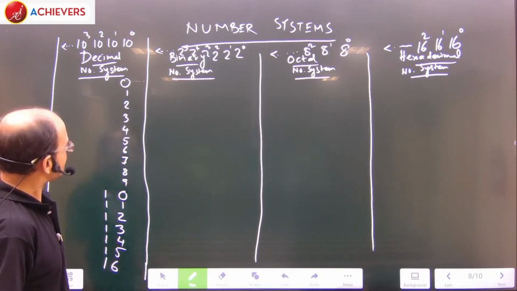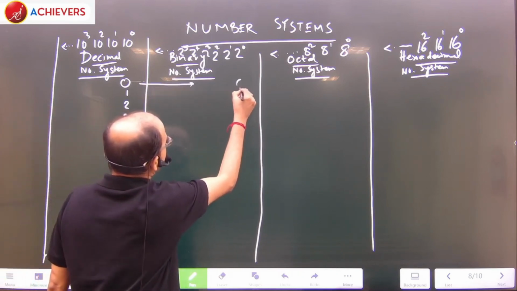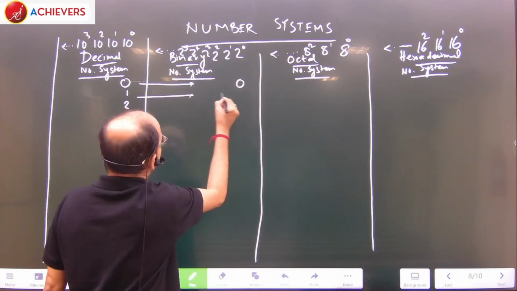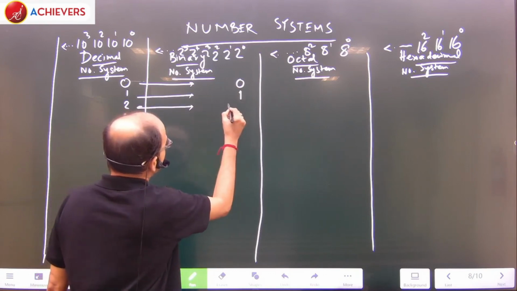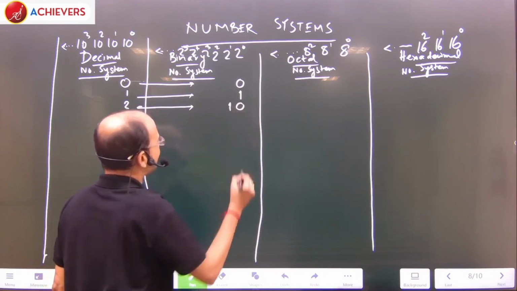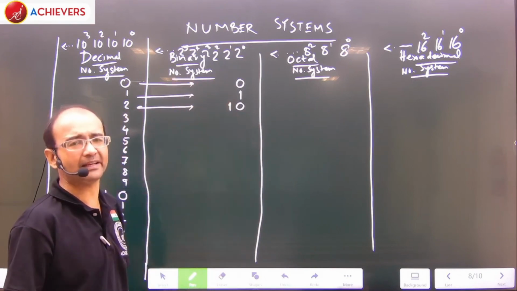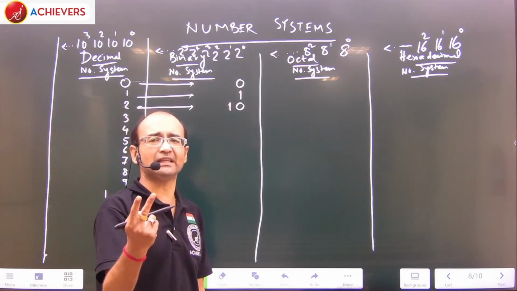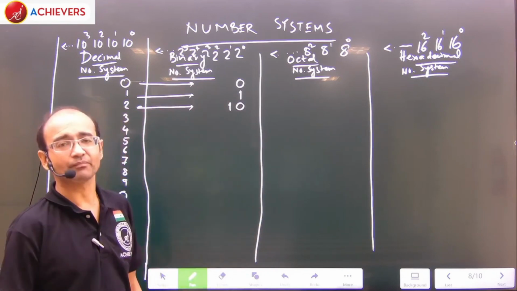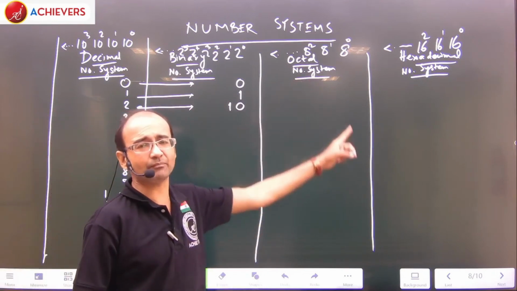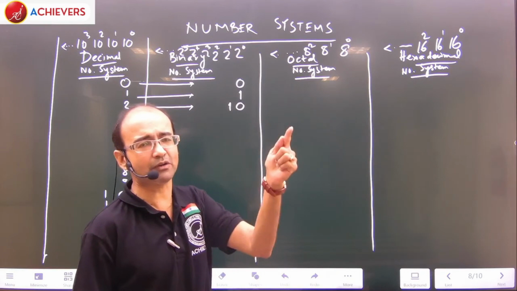Now in binary, we can represent 0 as 0 and 1 as 1. So 2 can be represented as 1, 0, because we have only the binary digits, that is 0 and 1. Binary means 2, so we will be having only 2 digits in the binary number system. Similarly, in the octal number system, octal means 8, so we can represent only 8 digits, that is 0 to 7.